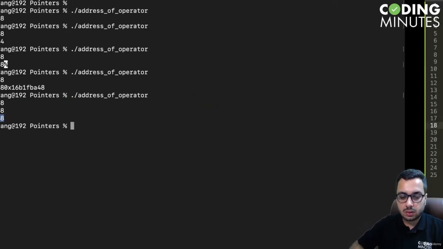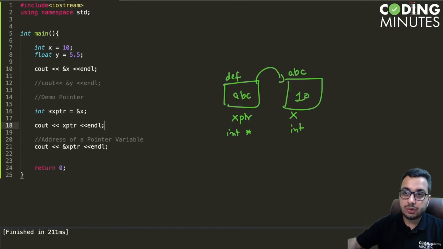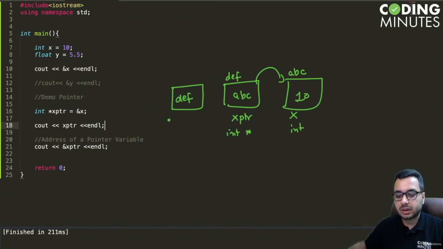Now you may ask, what if I want to store this def in some other bucket? Then you need to create a pointer to a pointer. So we can say xxptr. And what would be the data type? Whatever data type you have here, you should have this data type here followed by a star in between.